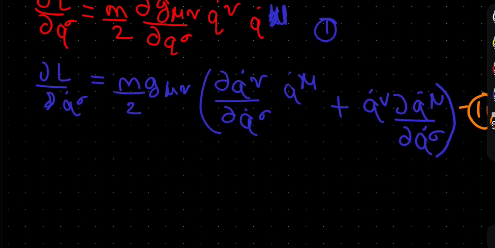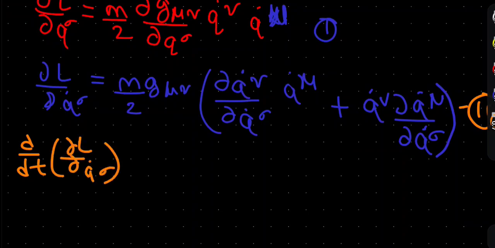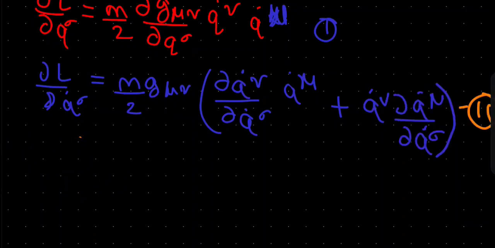Now what we are going to do is take the time derivative, d by dt of this del L by del q dot sigma. Before doing this, I want to tell you that in tensor notation we can change our dummy indices, and they are symmetric.